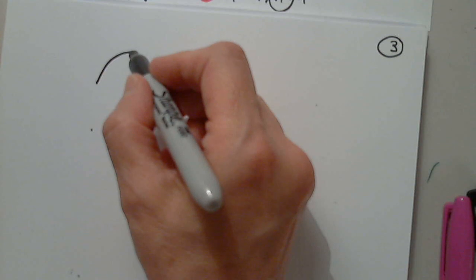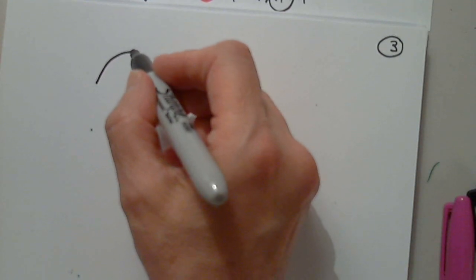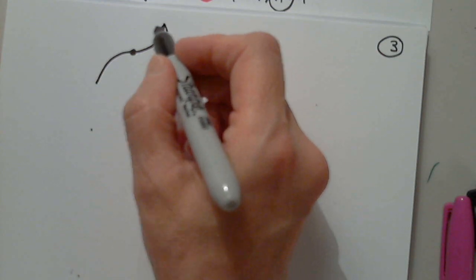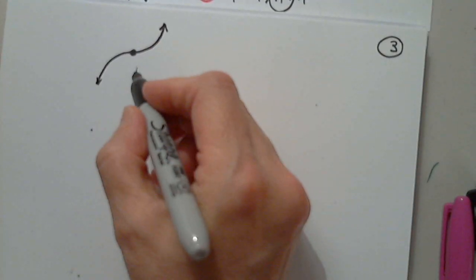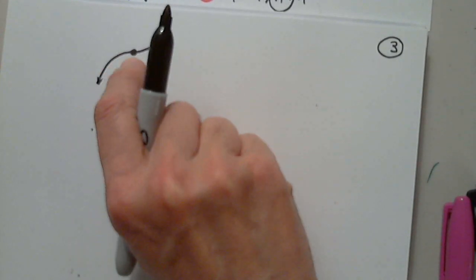So let's say a function opens down, then it has a point of inflection, and then opens up. This is not the function. We're going to graph it in a minute. But here's what happens. So this is the IP, inflection point. It changes concavity from opening down to opening up.